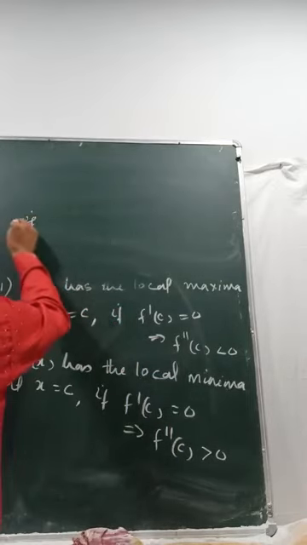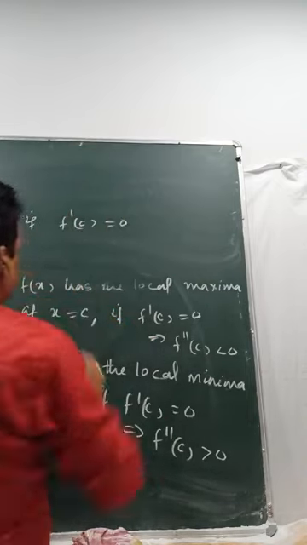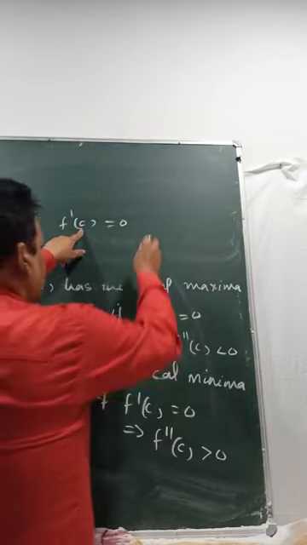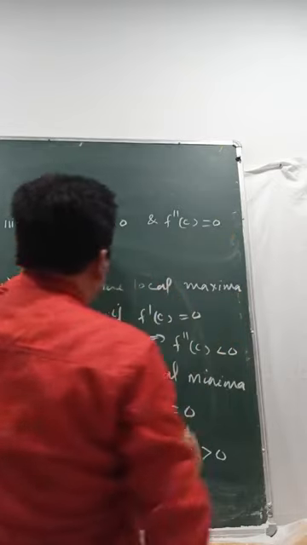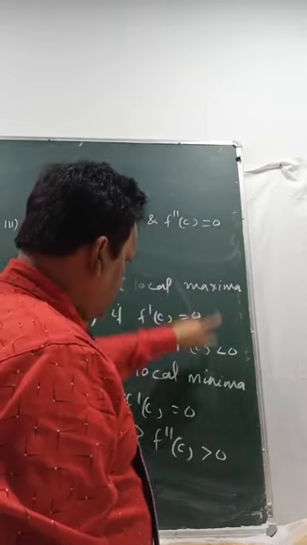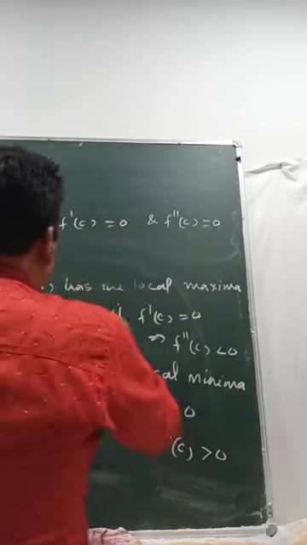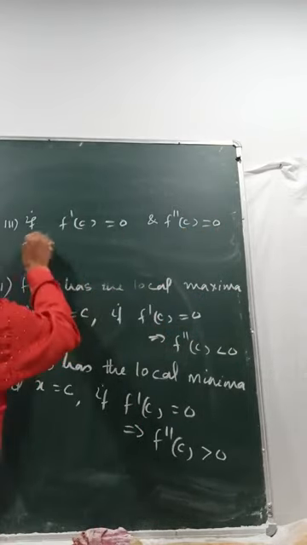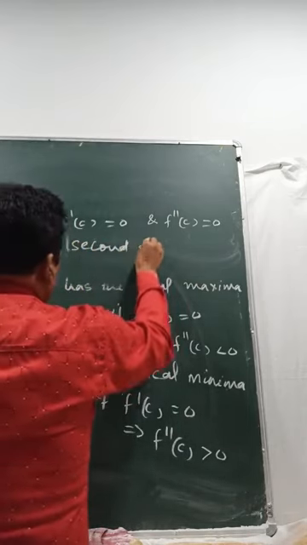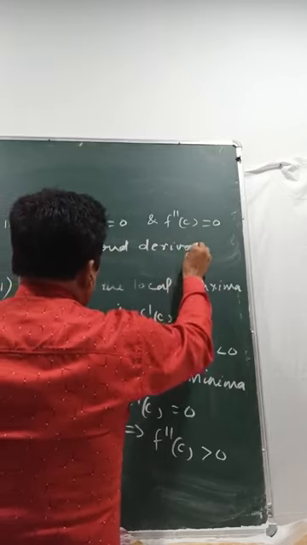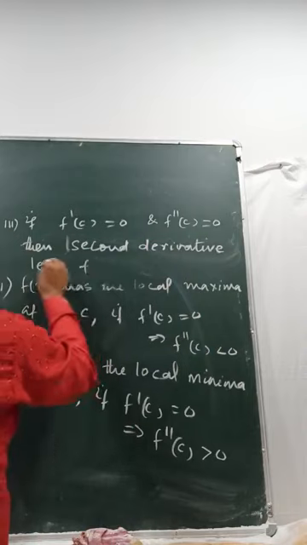Now the third important point: if f dash c equals 0 and f double dash c also equals 0, finding the value of c and putting it in the second derivative, you see less than 0 or greater than 0, but here it is equal to 0, then the second derivative test fails.